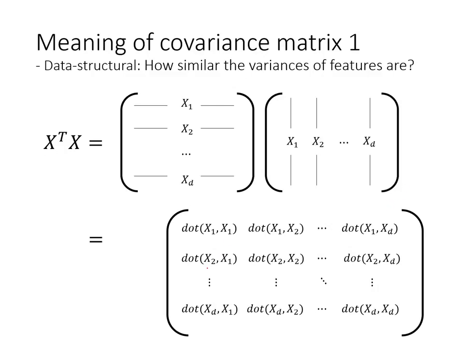And you can also see that the dot product of x2 and x1 is equal to the dot product of x1 and x2. It gives you the same value if you swap the elements in the dot product operator. So you can see that X transpose X is a symmetric matrix.